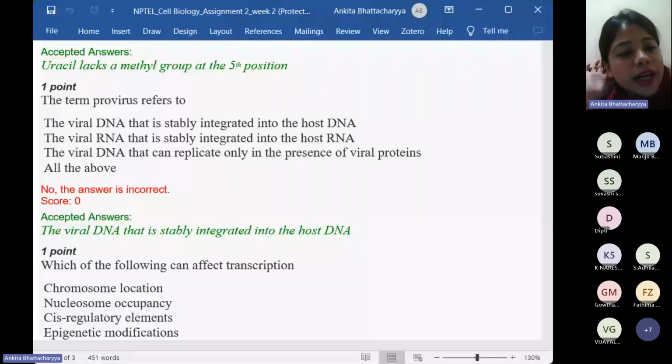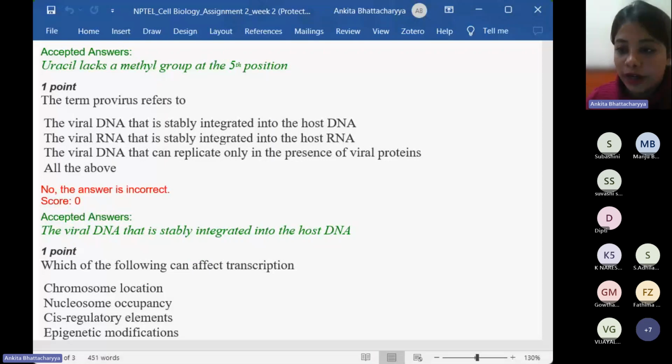And thirdly, provirus is the viral DNA that replicates only in the presence of viral proteins. This is not entirely true, because while viral DNA can replicate in the presence of viral protein, that is not the terminology given to a provirus. It is something in a pre-virulent state that can become a virus under certain conditions.